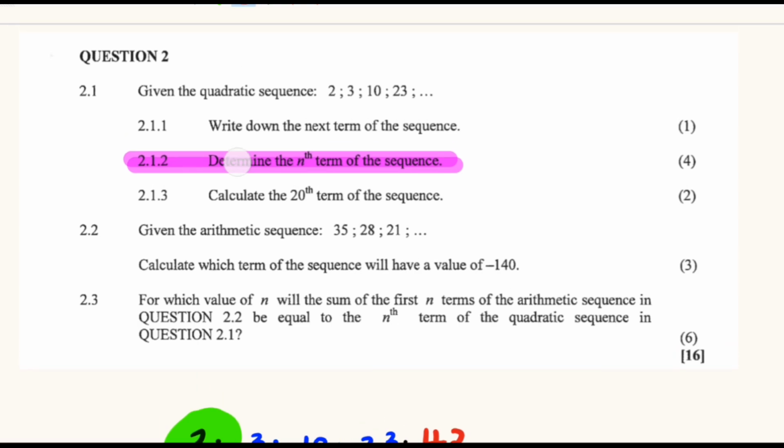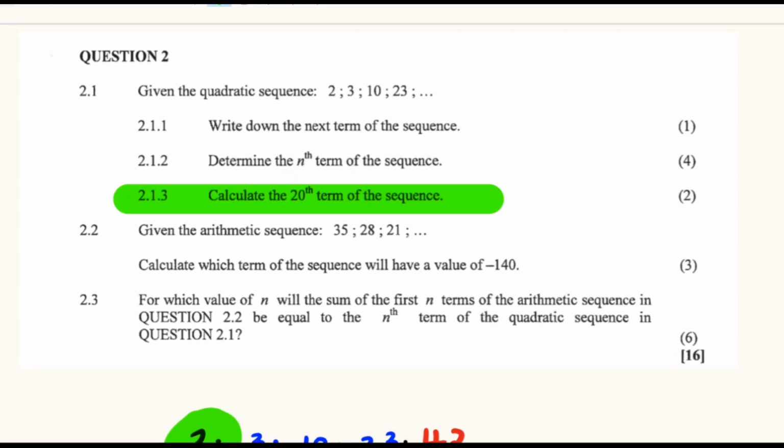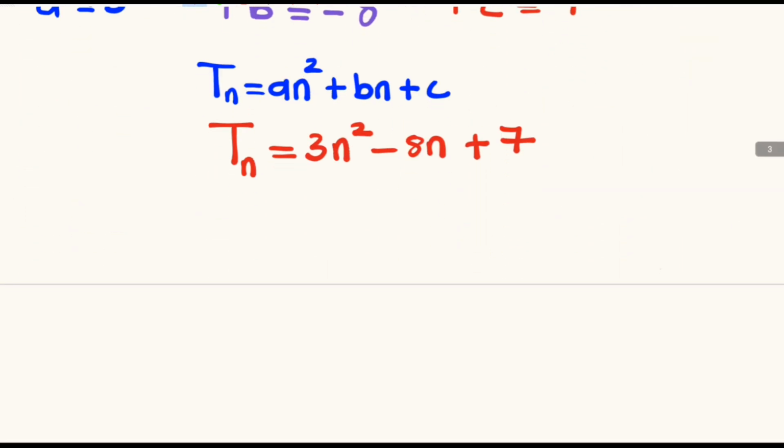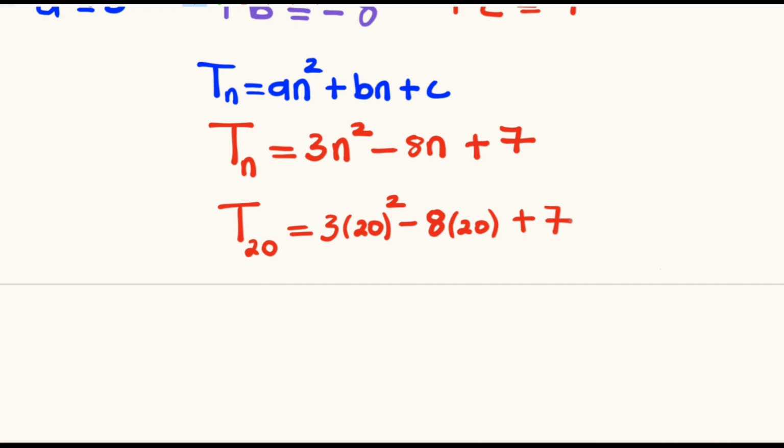Question 2.1.3, we calculate the 20th term of the sequence. Term number 20, n in the place of the 20. We have 3 into 20 squared minus 8 multiplied by 20 plus 7.